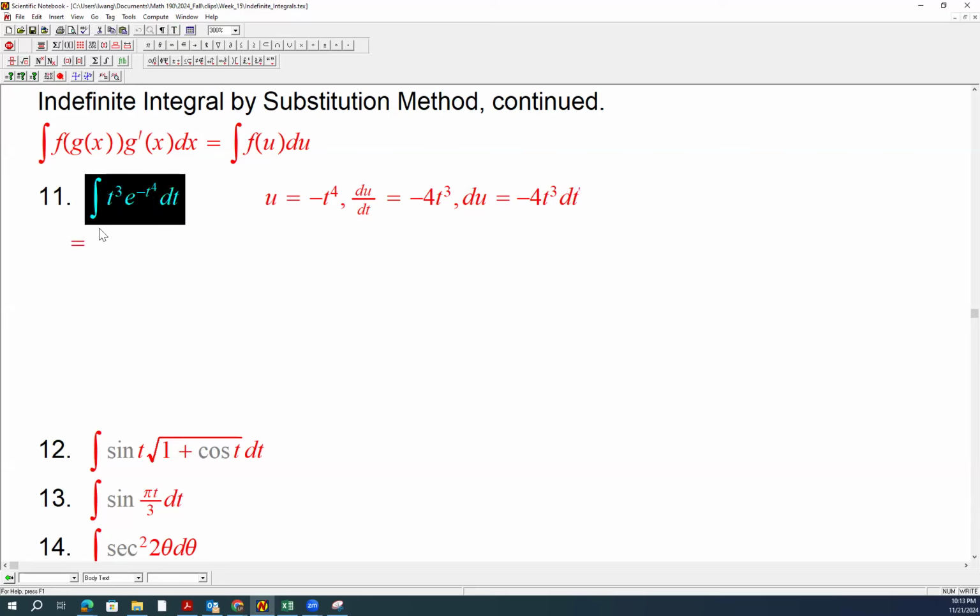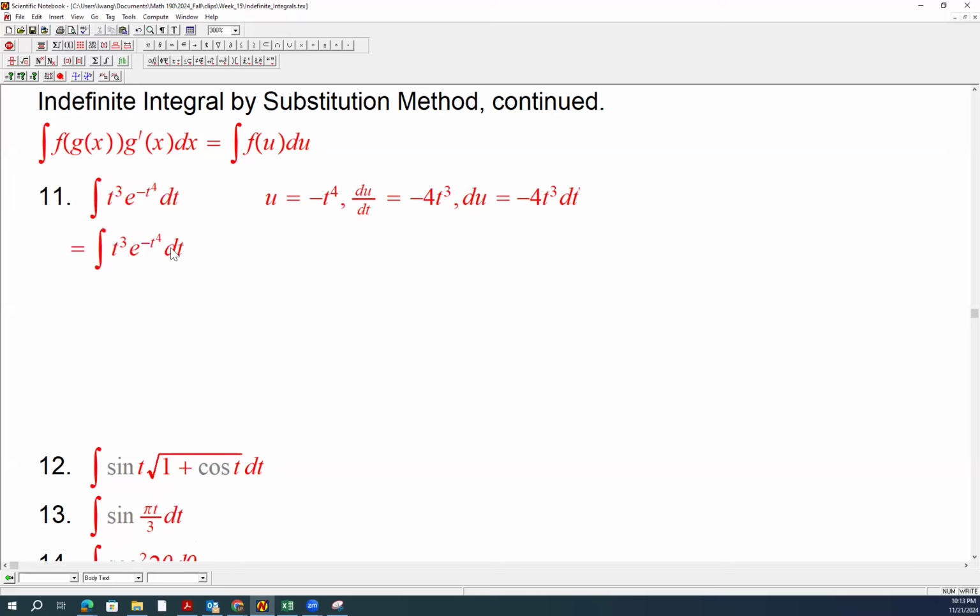Complete the substitution. This is a u, right? t to the power 3, I'm going to bring it with dt and I can solve for it, right? So that's going to be negative a quarter, and that part is substituted by du.